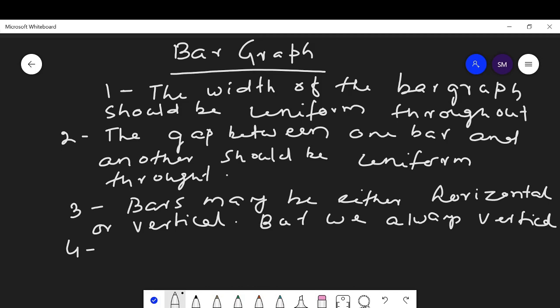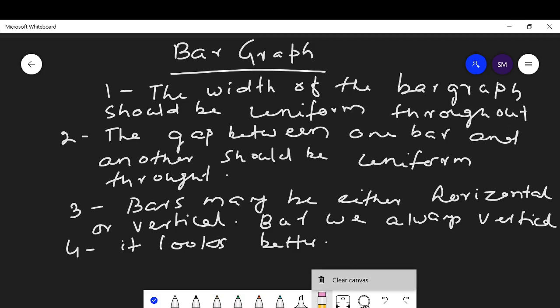The second point says the gap between one bar and another should be uniform throughout, and bars may be either horizontal or vertical. This is not any problem, but we always prefer vertical because it looks better.